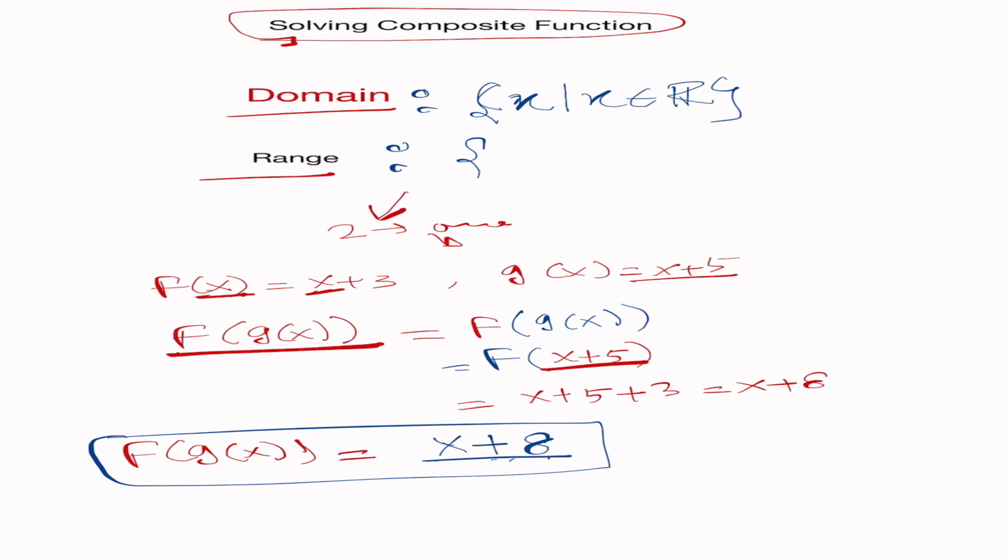The range is y is all the real numbers. That means any x values and y values are defined. So to find the domain and range, simply solve the composite function, then find the domain and range for that solution. That will be your domain and range for the composite function.